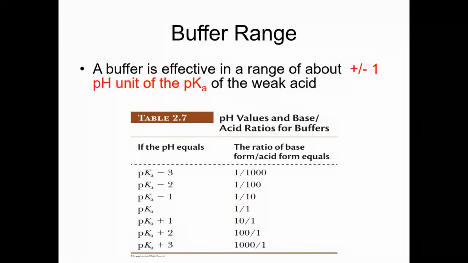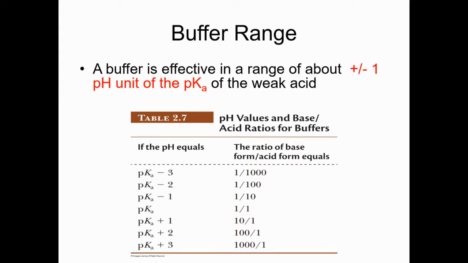That means the pH would be equal to pK plus 1 or minus 1. So even if it's 10 over 1, a 10 times difference, the pH will only change by 1. Or 1 over 10 or 10 over 1, the pH will be just plus or minus 1.